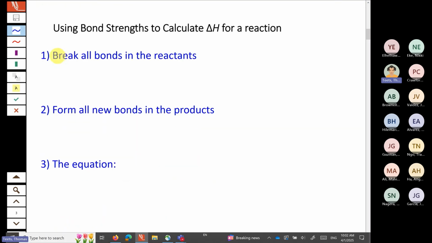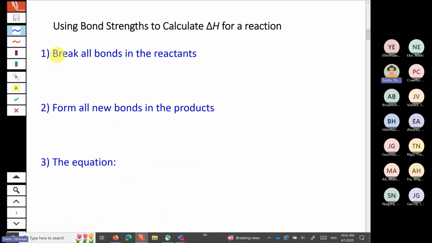And one of the last topics we need to cover, the last one that really would involve numerical problems, I would say, is another method for calculating delta H for a reaction. So we learned last time that we can use enthalpies of formation, delta H of formation, as we often call it.